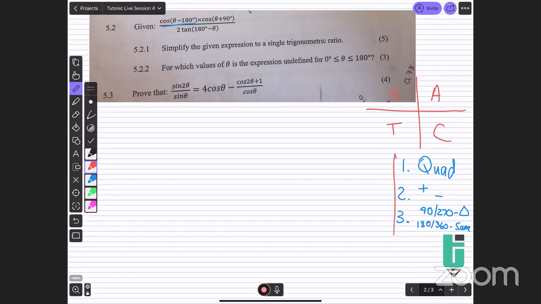So it would be cos of negative 180 plus theta. So you're taking it out as a bracket. But you don't have to if you just say which quadrant you're in.